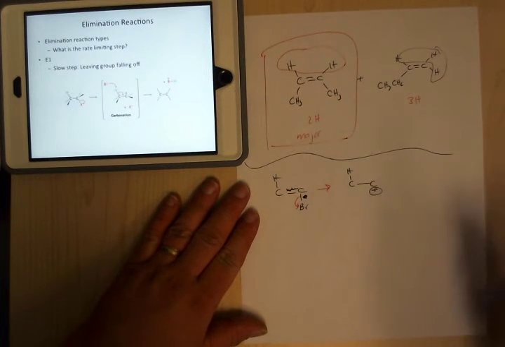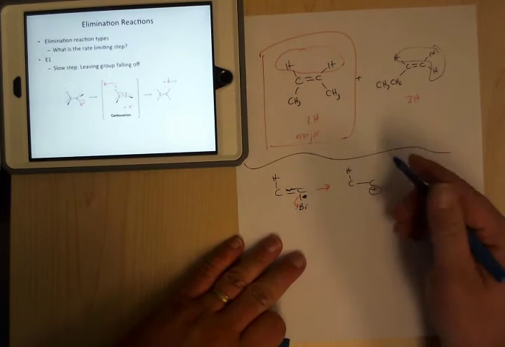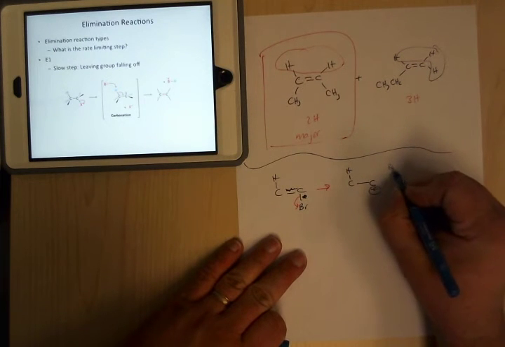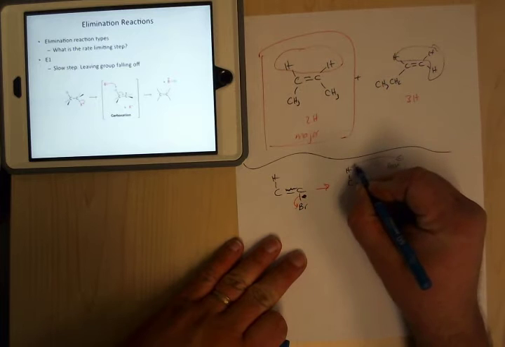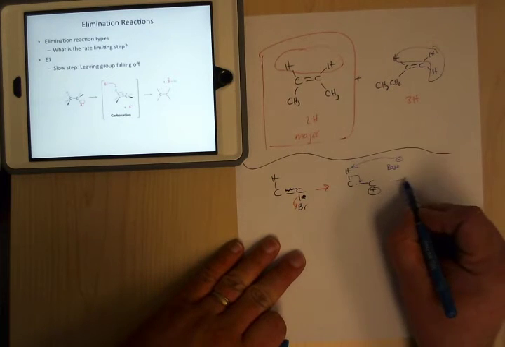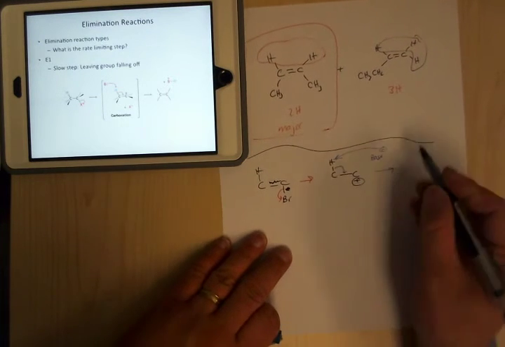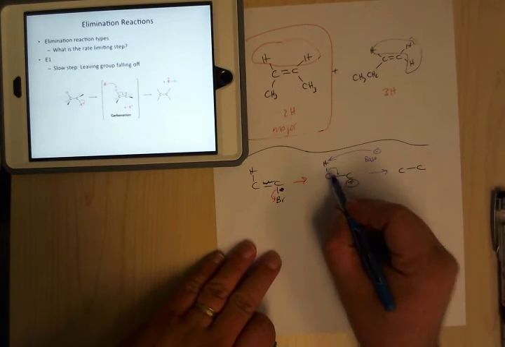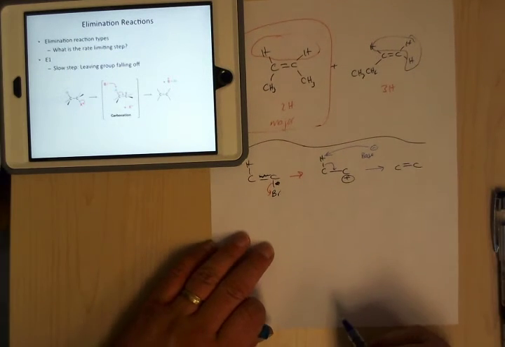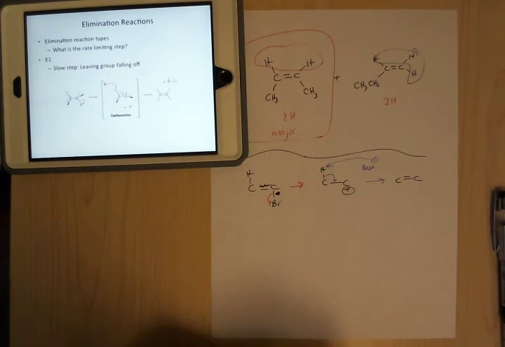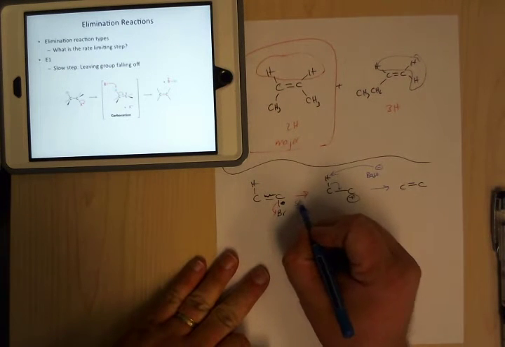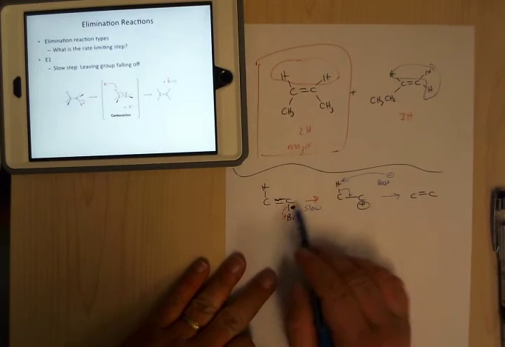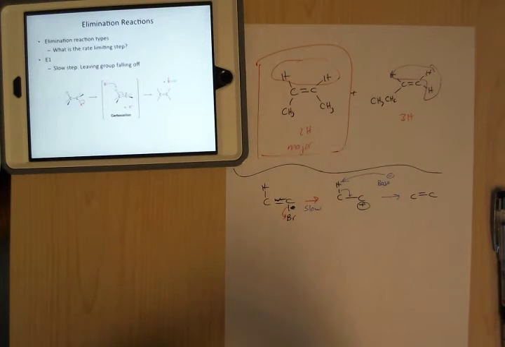To leave that, then your nucleophile comes in, and your base comes in, grabs that one, that collapses down to form this. And then these electrons here form that second bond there. In this case, this is the slow step: it's one molecule falling apart.